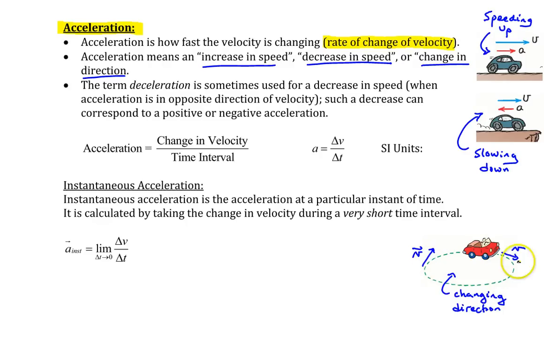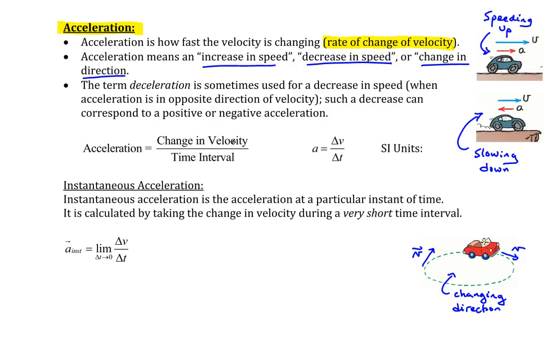The velocity at different points in this circle is going to be tangent to the circle, and so the velocity is always changing direction. And remember that velocity is a vector. So if you change your direction, you're also changing your velocity. So in general, acceleration is the change in velocity over time.